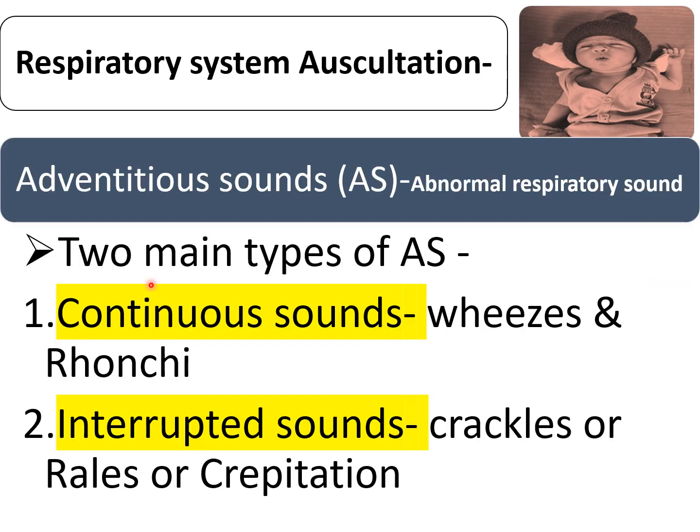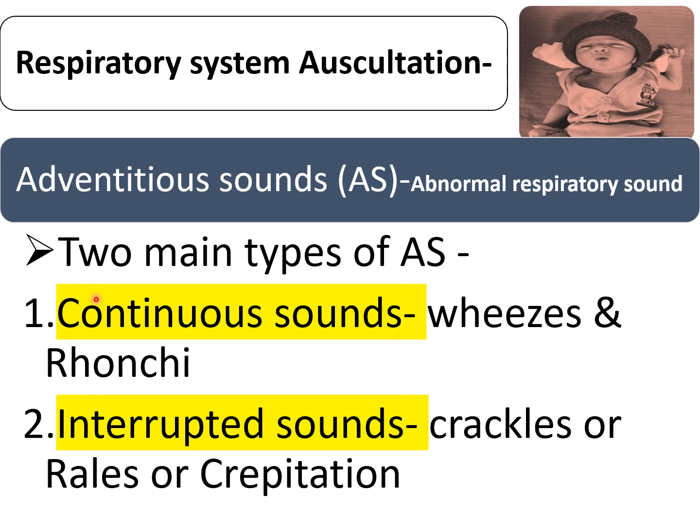After that, we have to auscultate for any abnormal respiratory sound, labeled as adventitious sound. It is categorized into two types, continuous and interrupted sound. Continuous sound lasts more than half of the respiratory cycle, while an interrupted sound is a brief burst, just like the popping of bubbles.